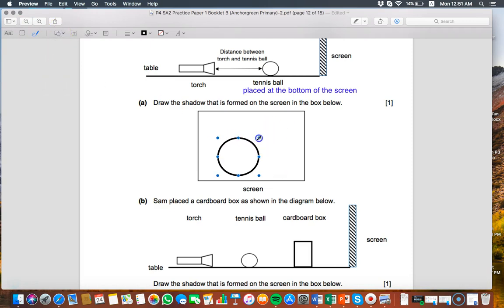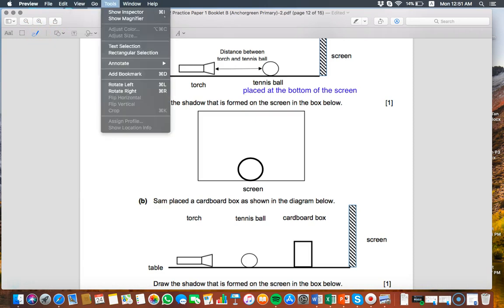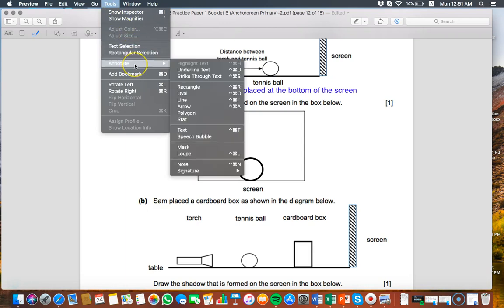Yeah, definitely I can draw a circle, but the problem is I can't shade it. I do not know how to shade it using this. How do I shade this?